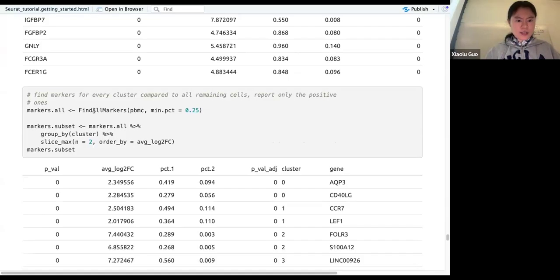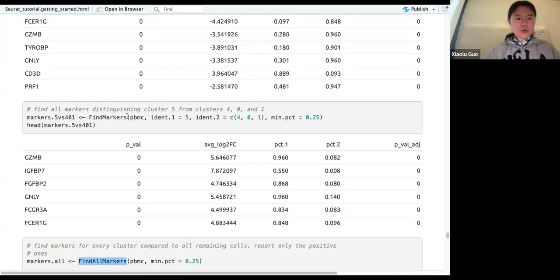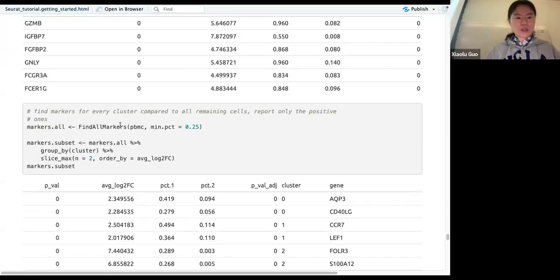And that's how we identify that. Next, here we just compared pairwise, right? What we can also do is identify the markers for each group. This is just one line, and then we need to give the minimal expression percentage.